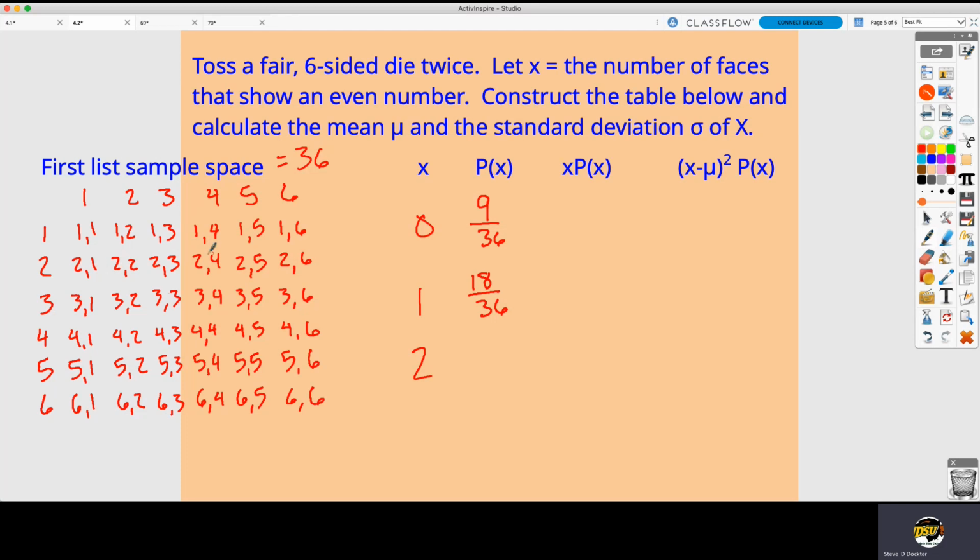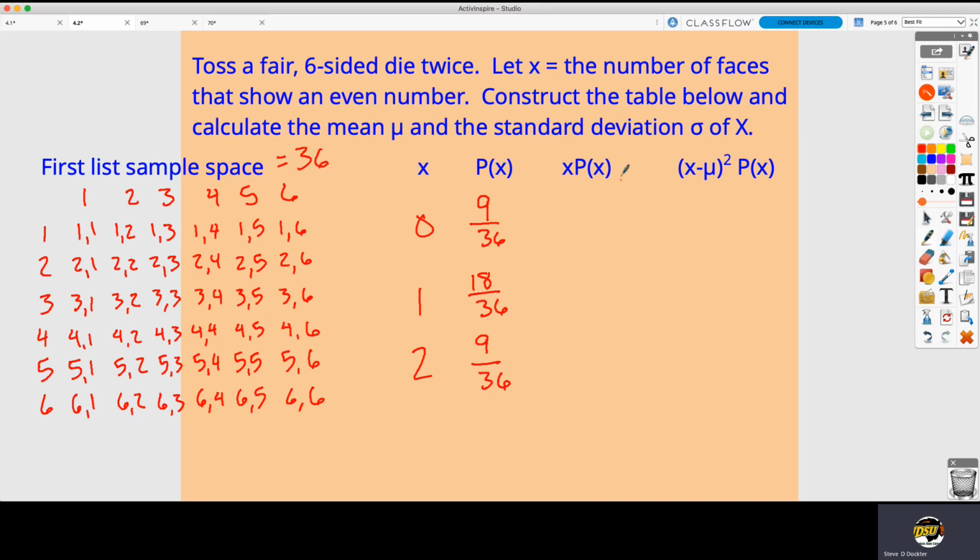So we would have 3 in the 2s, 3 in the 4s, and 3 in the 6s. So that'd be 9 out of 36. Now, what should happen when you do these every single time is just like what we talked about earlier. These probabilities should always be between 0 and 1, and they should add up to exactly 1. If they don't, chances are you missed something, so go back and check it. If we add these 3 together, we do get 36 out of 36 here.